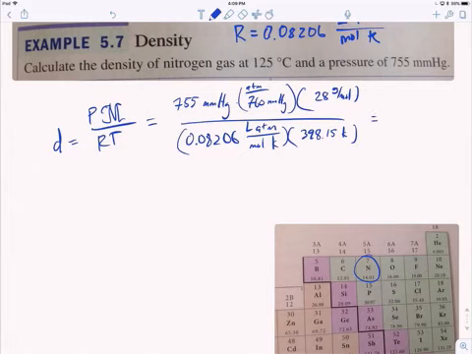And this equals 0.855 grams per liter. So let me take a picture.